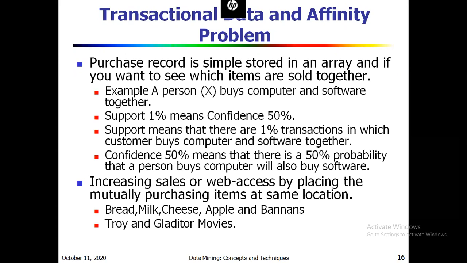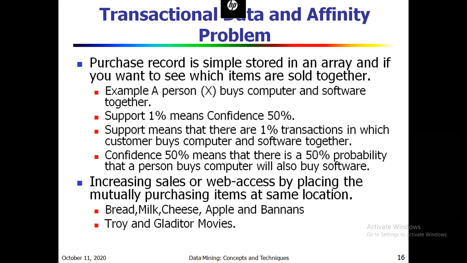For example, I purchase an online ticket from the airline company. So it is a transaction. I go to a supermarket and buy groceries. So I will have one transaction in which I have purchased several items. So this in fact is the transactional data.